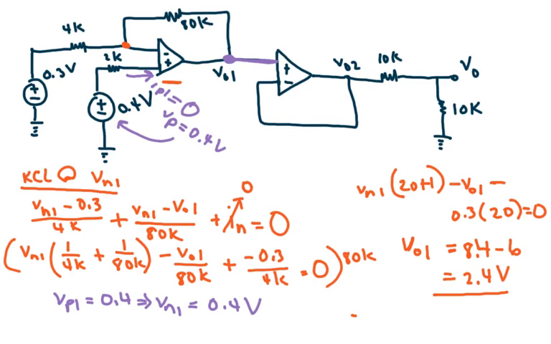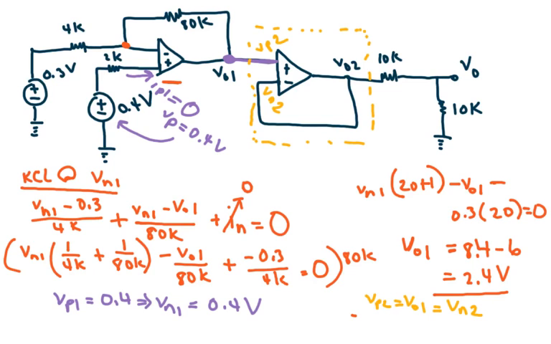Okay, so moving forward, we're going to use that on the second operational amplifier. Okay, and what we know from looking at this one is that your voltage here is going to equal your voltage here. And what we know is that Vp2 is going to equal V01, and it's also going to equal Vn2.